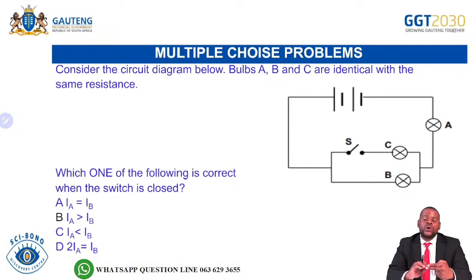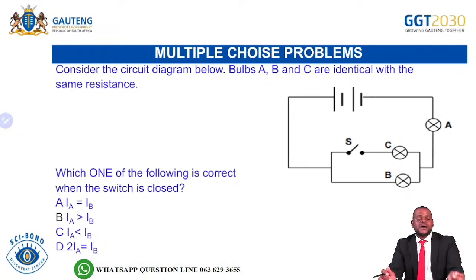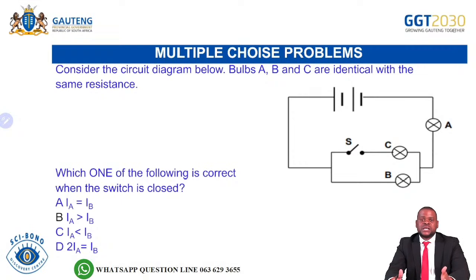Then we are left with only two that are close to the answer. That gives us a 50% chance to get it right. Whatever we choose, we know that we are very, very close to the correct answer, and it is very, very easy for us to choose the correct answer. Are we together, Grade 12? Yes. Okay. This is what we're going to do now.